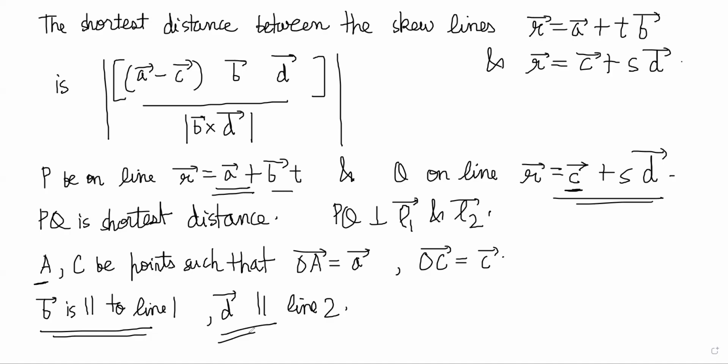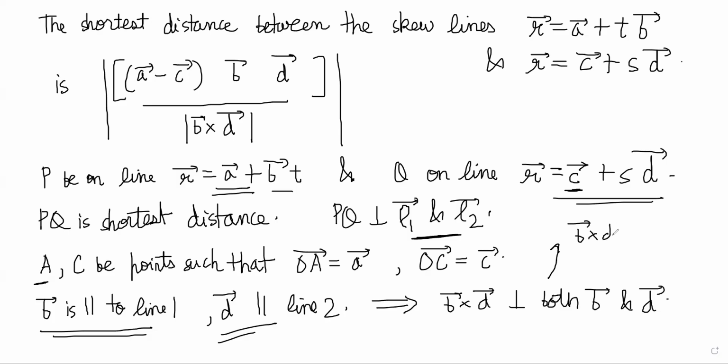Now, B is parallel to line 1, D is parallel to line 2. So B cross D is perpendicular to both B and D. And what other line is perpendicular to both B and D? PQ, right? So that means B cross D is parallel to PQ, right?